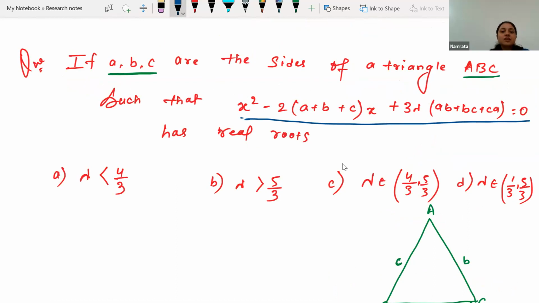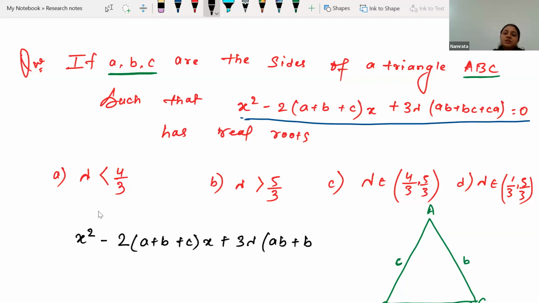So if we take this quadratic equation, that is x square minus 2(a plus b plus c)x plus 3 lambda (ab plus bc plus ca) is equals to 0.